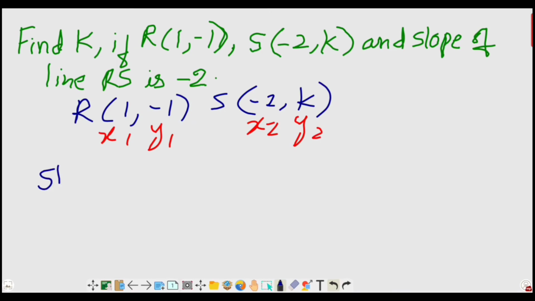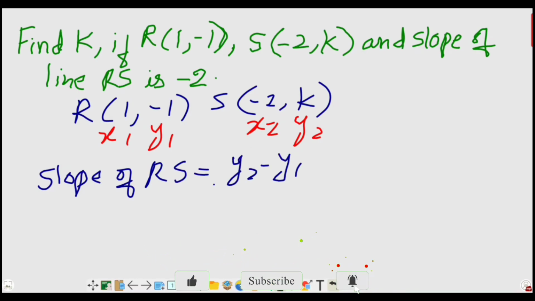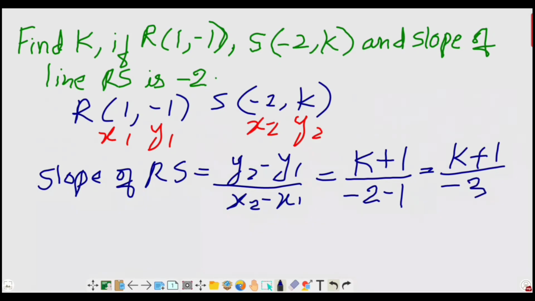Now find the slope of RS. You know the formula whenever two coordinates are given. It is y2 minus y1 upon x2 minus x1. So it will be k plus 1 upon minus 2 minus 1. So this will be k plus 1 upon minus 3.